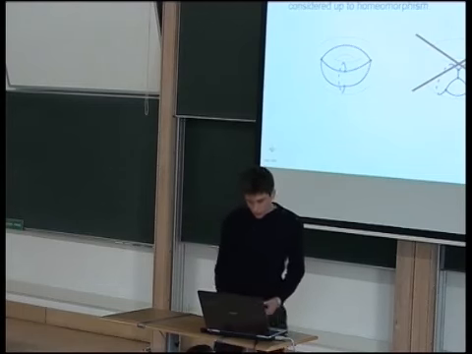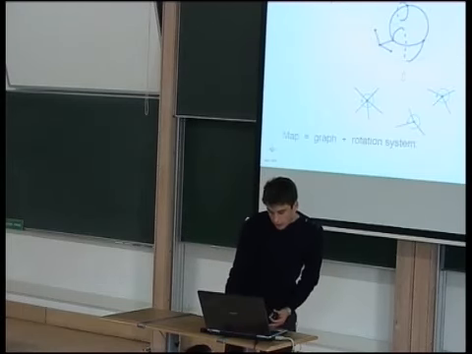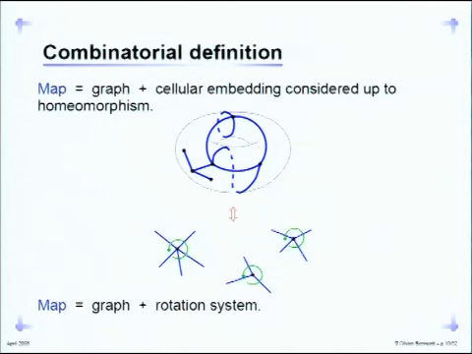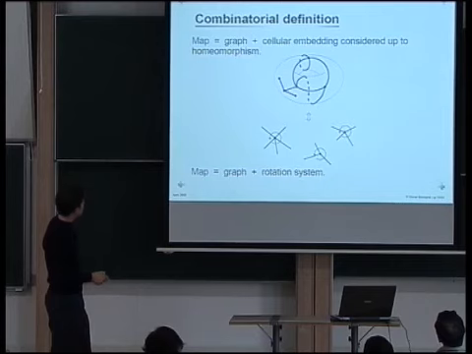Okay. Now I have to recall one more thing about these maps in higher genus. It is another way of looking at them, saying that a map is just a graph plus a rotation system. A rotation system means I'm choosing a cyclic order of the edges around each vertex. So here I've put an equivalence sign.